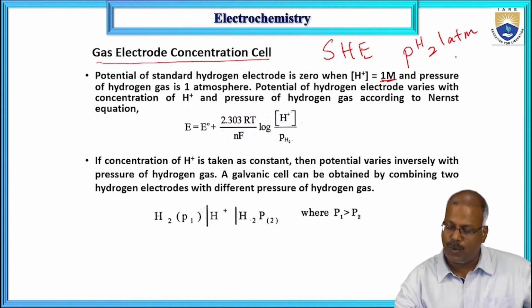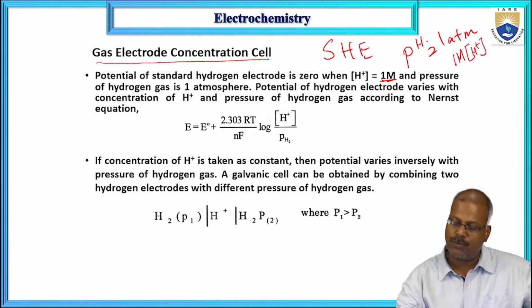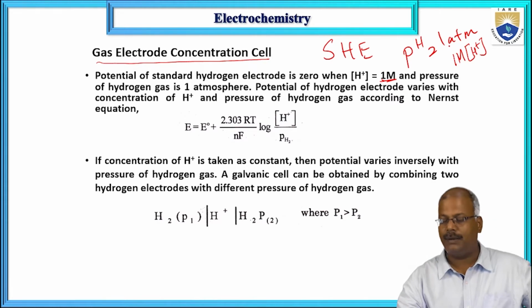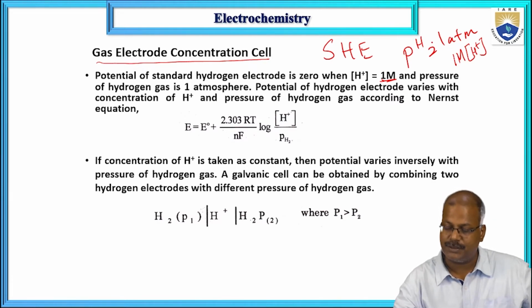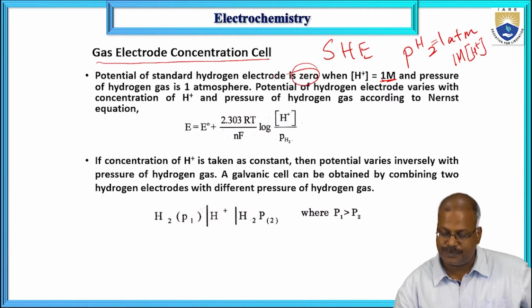So when you take 1 molar concentration of H plus ions and pass hydrogen at 1 atmosphere pressure, the electrode potential is considered to be 0 under standard conditions.